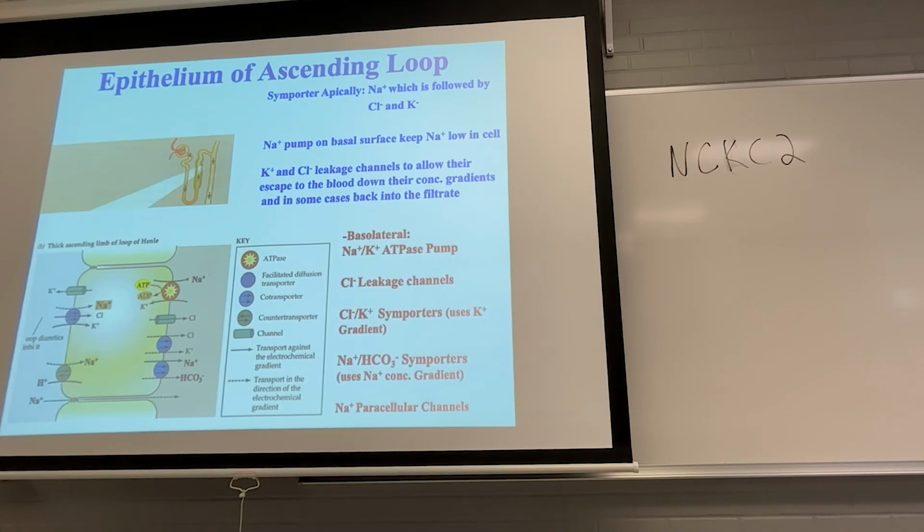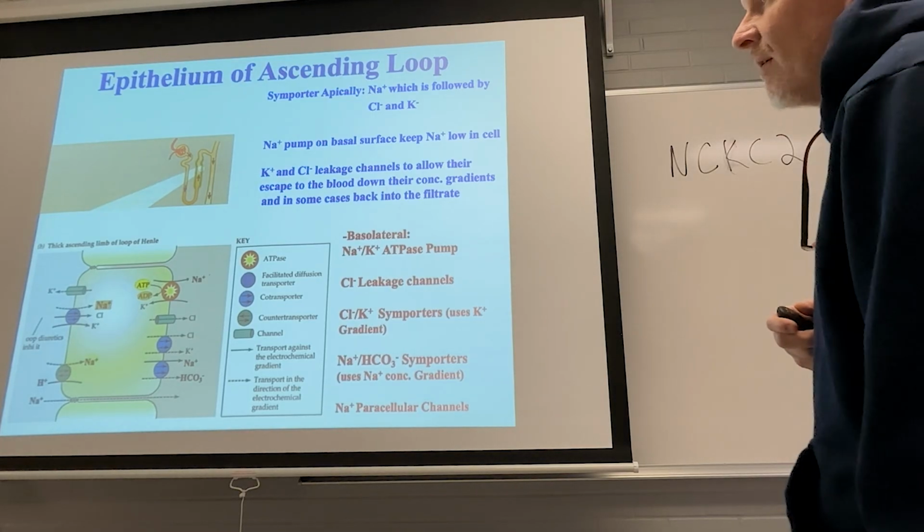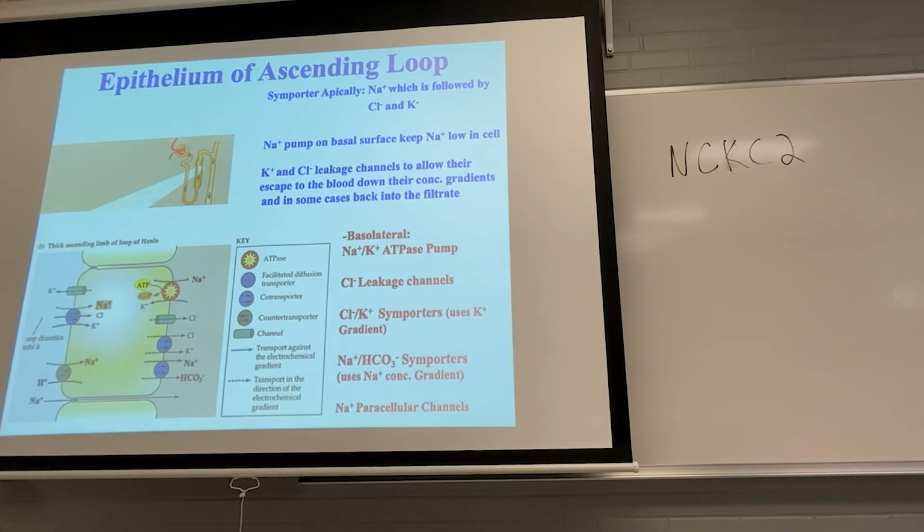I want you to think, okay, if I use a drug, a loop diuretic, and I block this co-transporter, why would that lessen my ability to concentrate urine, all right, or to produce less urine?